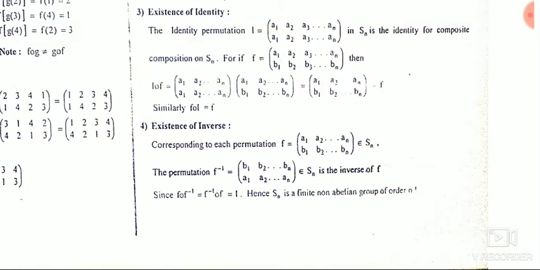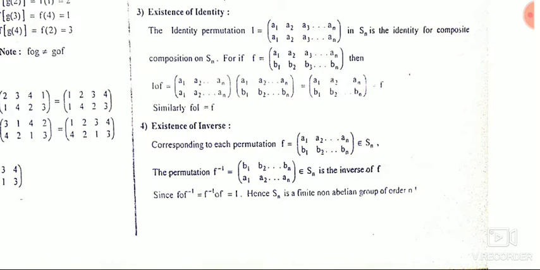Existence of inverse: for each permutation f, a1 to b1, a2 to b2 till an to bn, belonging to Sn, the permutation f inverse will be its reverse. Just reverse the rows, and that is the inverse.